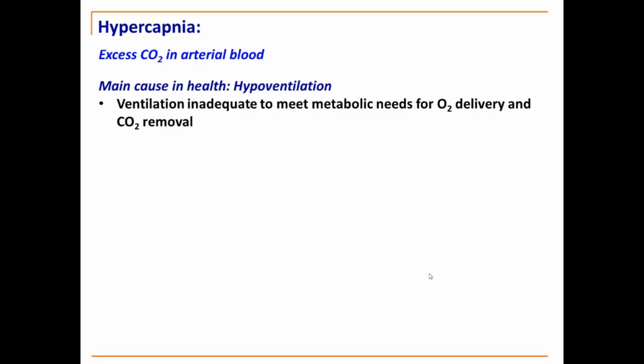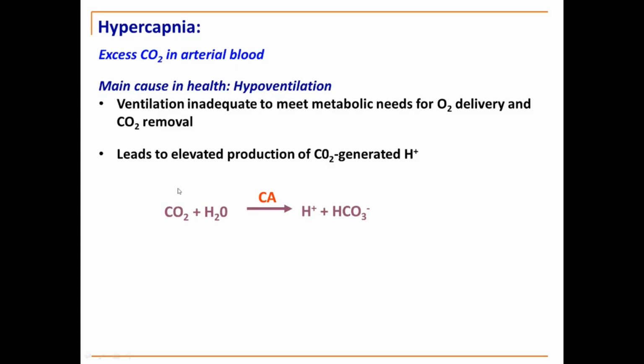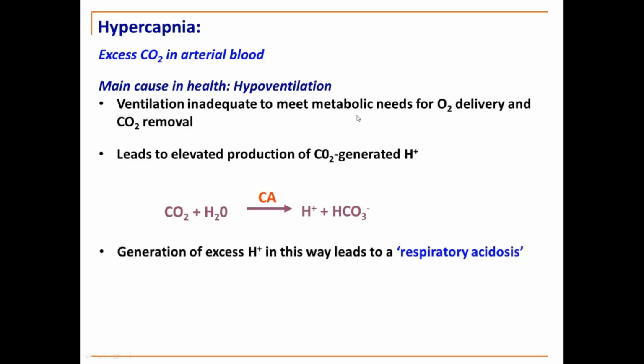So your carbon dioxide levels start to go up and your oxygen levels start to go down. And that leads to elevated production of these CO2 generated hydrogen ions, as we've talked about. So you've got lots more CO2, so it proceeds in this direction because you've got a CO2 buildup, so you get a buildup of your hydrogen ions. And if you're doing it through hypoventilation, you're getting excess hydrogen ions and it's leading to an acidosis. And because it's to do with your lungs, this is respiratory acidosis.